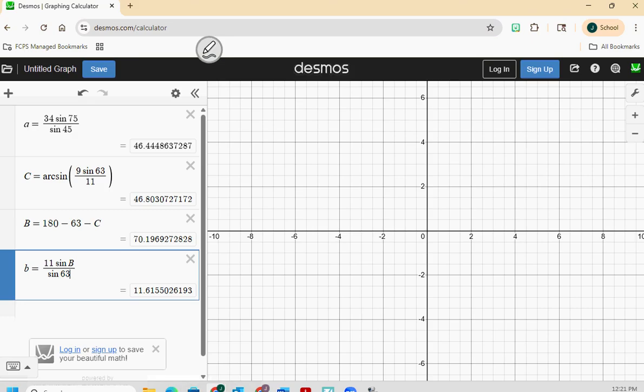You don't want to type in 70. You will be off, okay? That's the biggest mistake I see on this unit test is just messing up the rounding because you use a rounded answer. So we should get 11.616.